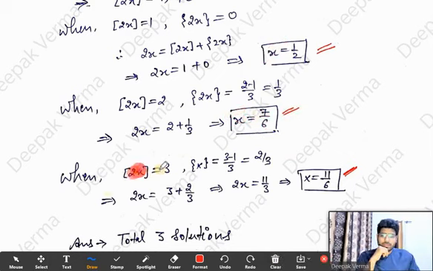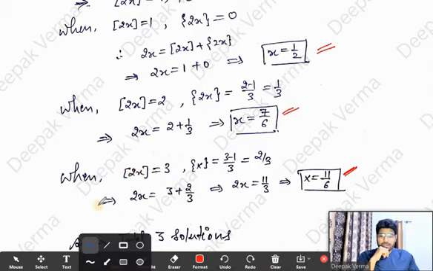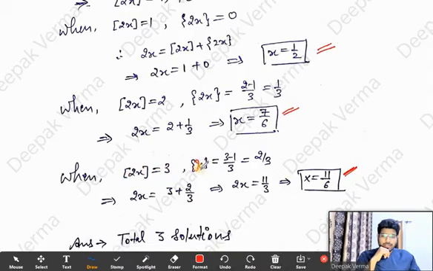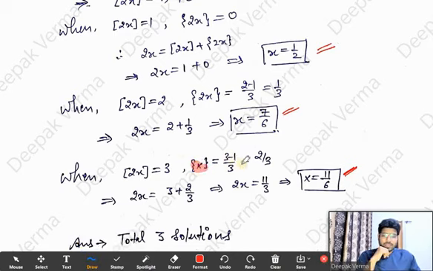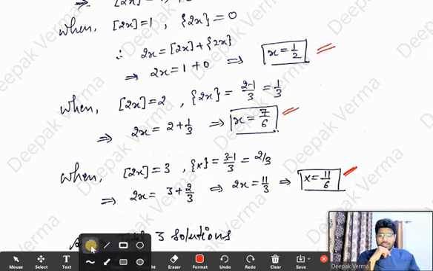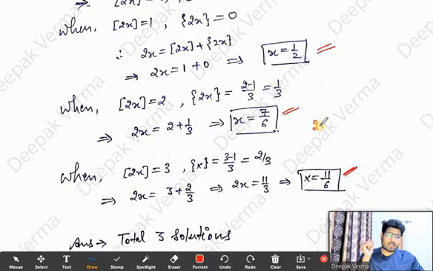When box 2x is equal to 3, we get fractional part of 2x. Make a correction here. It is 2x equals 3 minus 1 over 3. Got it? Since we have fractional part of 2x equals box 2x minus 1 over 3.